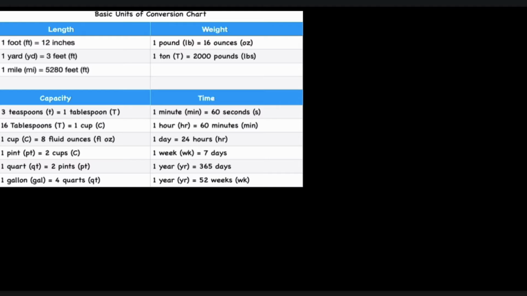So what if you have, let's see, 4 pints that needs to be converted to quarts. Okay, again, 4 pints over 1 times, we want quarts to be in the numerator.